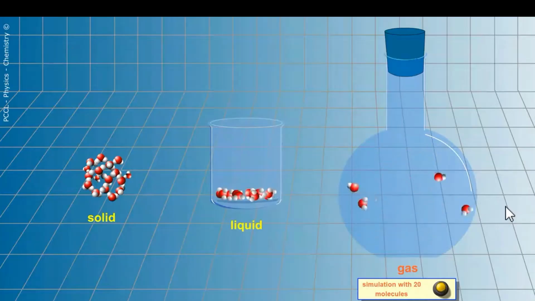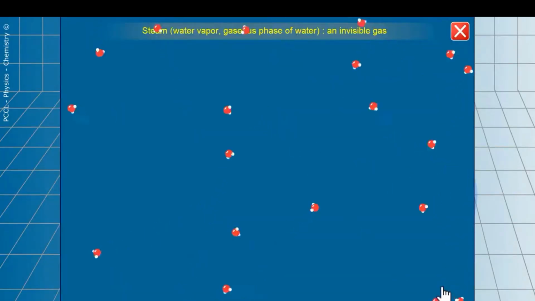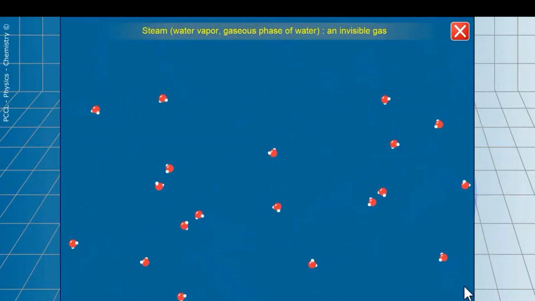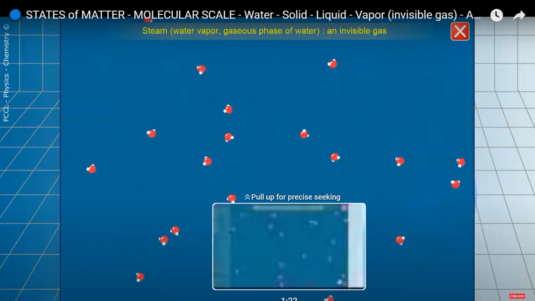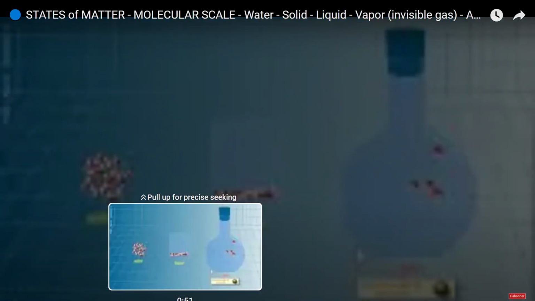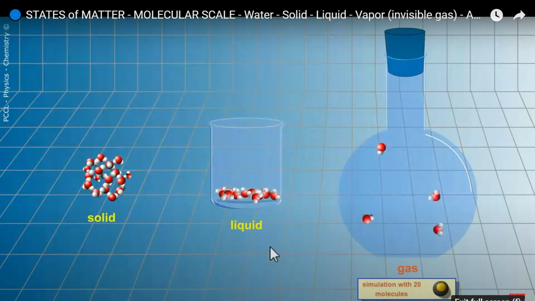So if I have a beaker and I have my little solid, that would be an ice cube, but we are going to use an eraser because I don't have an ice cube on me. If I put it in the beaker, does it take the shape of its container? No. So let's just go back and take a look at our liquid.